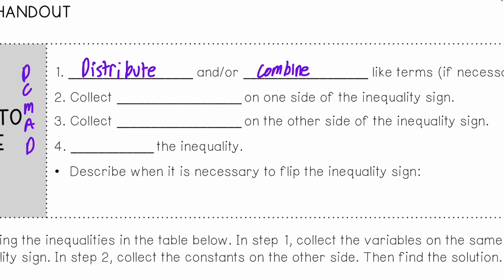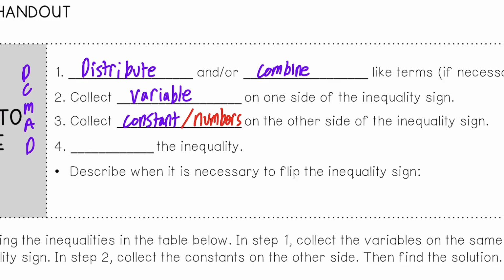That is our first step, which takes care of the D and the C. The next thing is we are going to be moving our variables by collecting them on one side of our inequality. Next, we are going to be adding or subtracting, which is another way to collect our constants. And in this case, constant just means numbers. So constants or numbers go on the other side of the inequality.